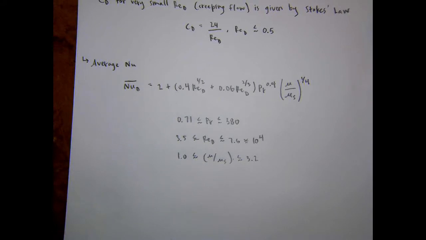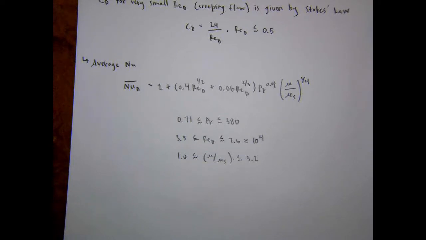So when we talked about evaluating these correlations, we said that we're assuming constant properties, except the properties do change with temperature. So to account for that, we're going to assume that the fluid in the boundary layer has some temperature that varies from the surface temperature to the fluid temperature. And we're just going to evaluate its properties at the film temperature, so just the average between the surface and the fluid, to account for, as best as we can, what the temperature in the boundary layer is.